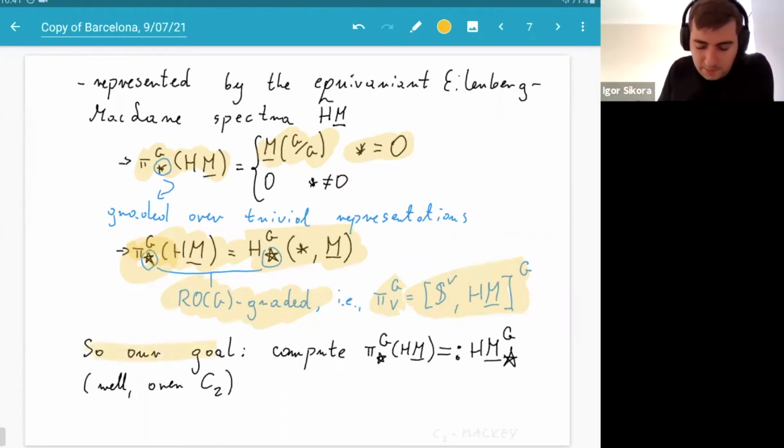So our goal would be to compute these homotopy groups.